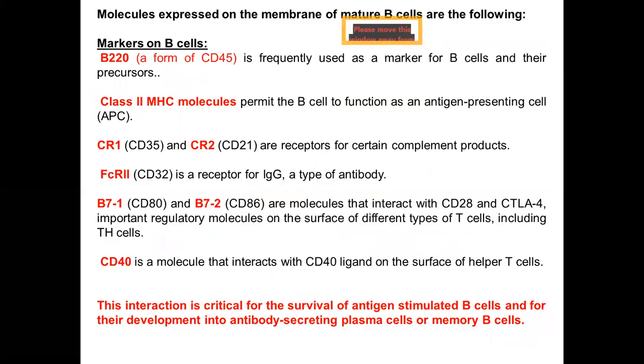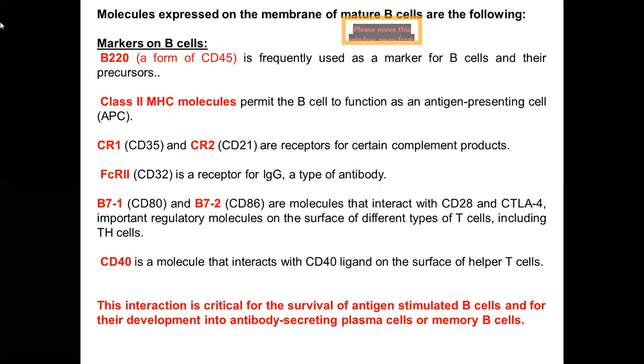Fine. So on the surface of the B cell, there are a lot of markers expressed by every B cell, through which we can distinguish the B cell from the T cell and the rest of the immune cells.